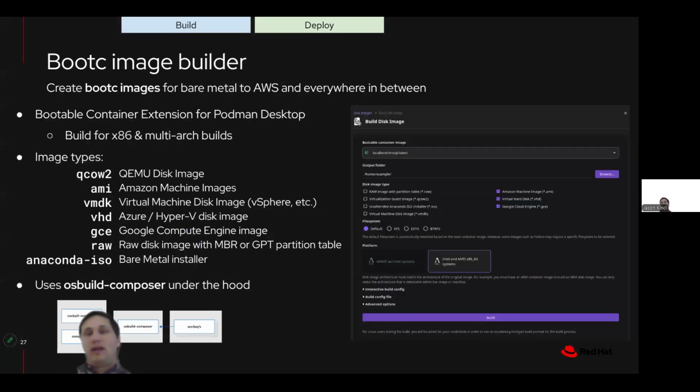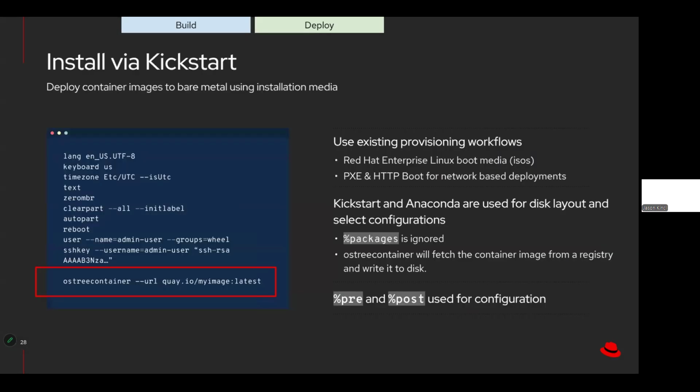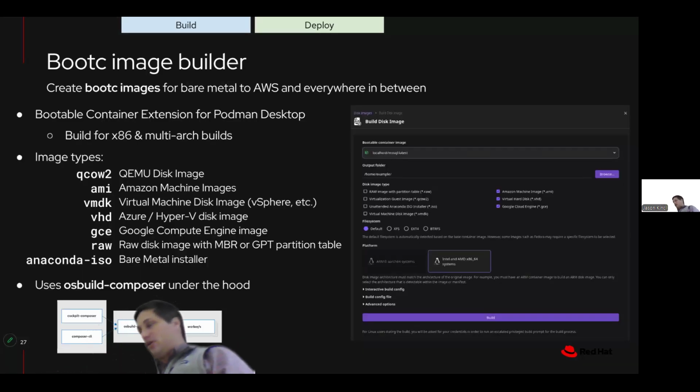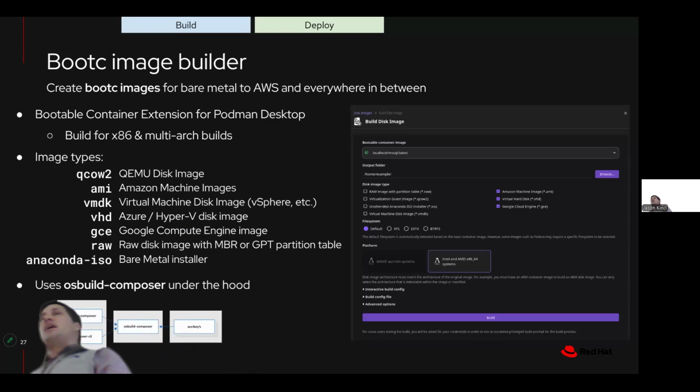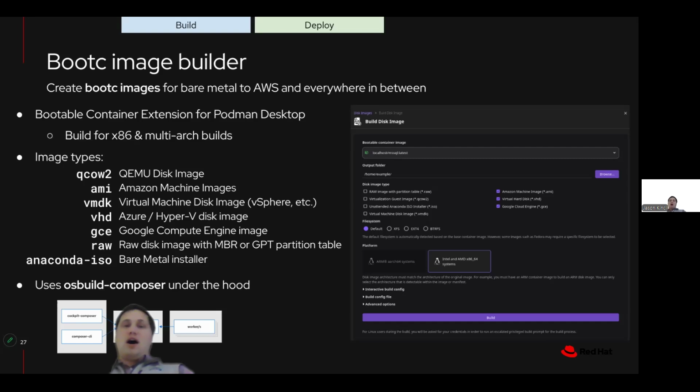For deploying the system, we have a couple of different ways. We'll talk about kickstarting as well, but we have image builder. This is the newer way that Red Hat has been pushing to deploy systems. It allows you to build any type of image you would want, a disk image or an ISO installer if you're doing bare metal. There is a GUI in Podman Desktop.